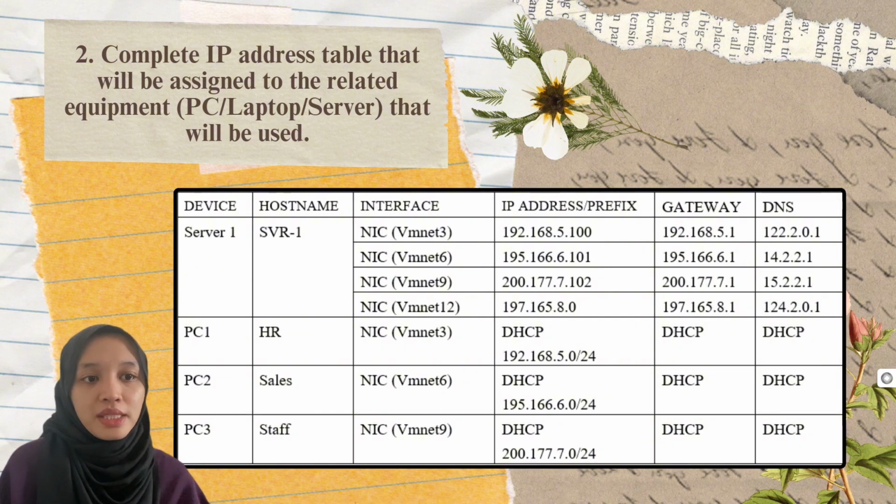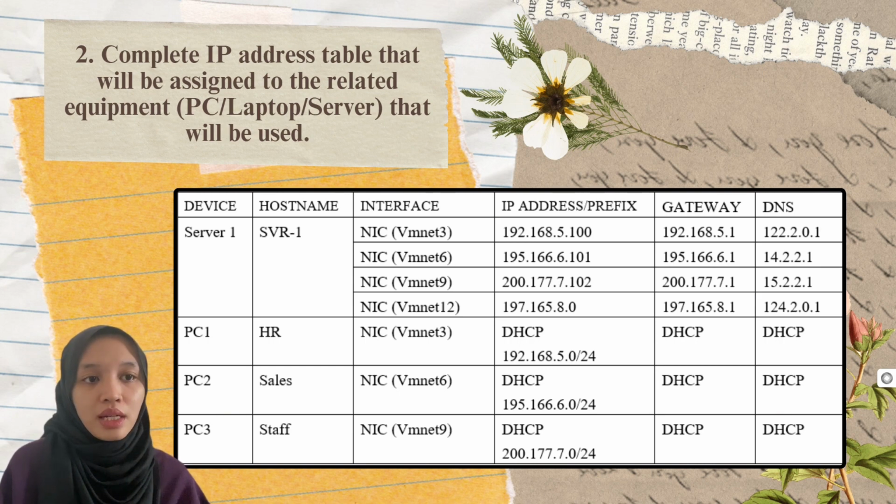For PC1, the hostname is HR, the interface is using VMnet 3, the IP address is DHCP and 192.168.5.0 is the prefix using 24. The gateway and DNS for PC1, PC2 and PC3 is DHCP.